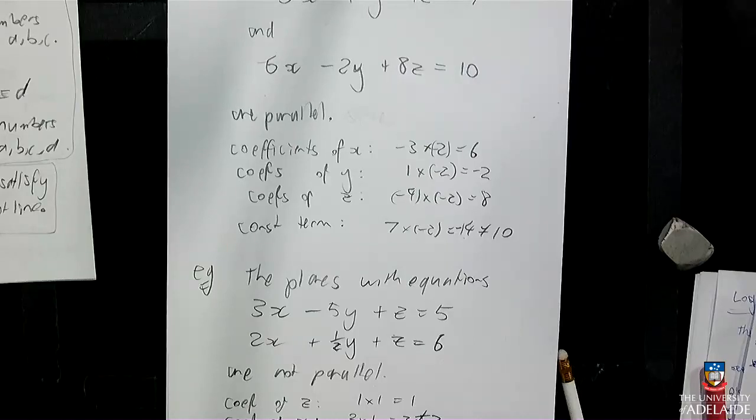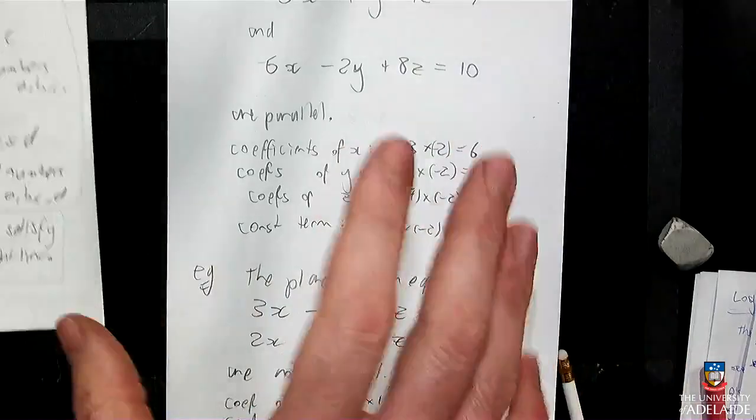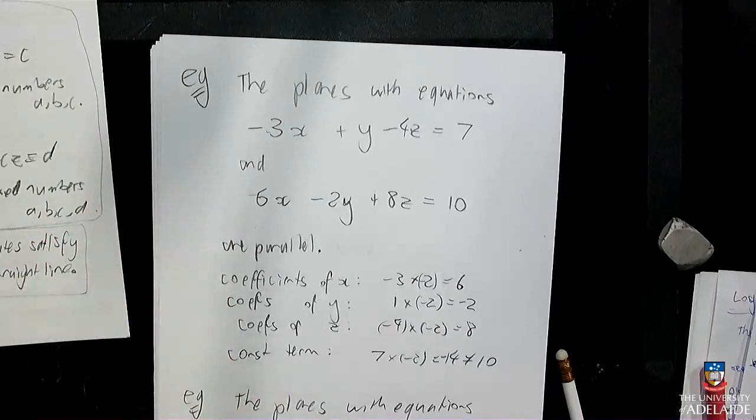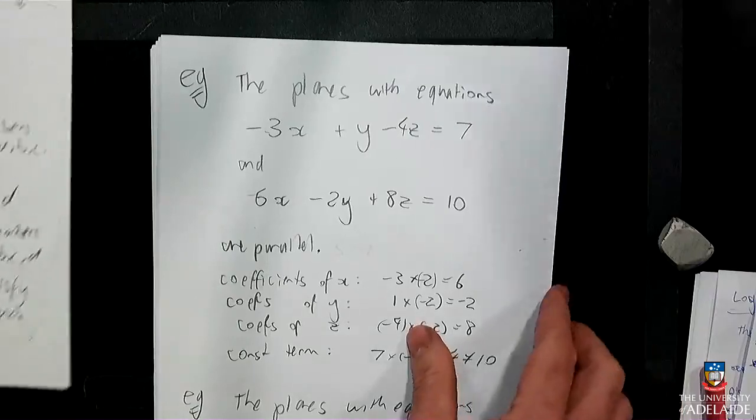And now we are up to the next bit. So that's all well and good. If we have two lines or two planes, we can tell whether they're parallel or not. The question is, can we tell where they meet? What we'd like to do is find a way of telling the points where these lines meet.